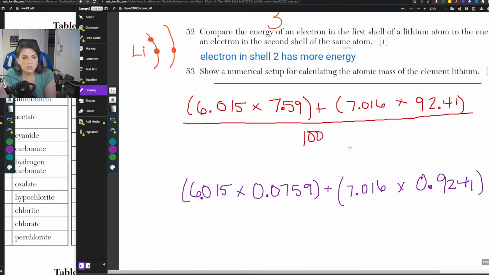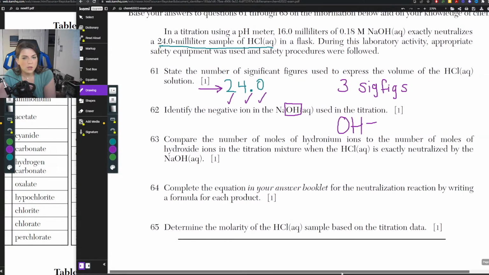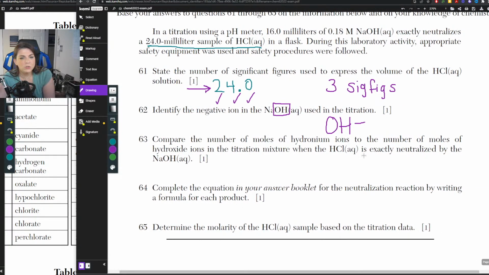Wow, what on earth? Our solution has been exactly neutralized. That's the big point here. So that means that the H plus has to be equal to the OH minus, right? Because that together, HOH, is water, and water is neutral.